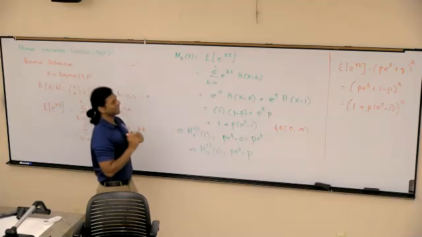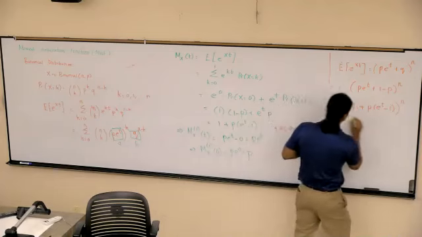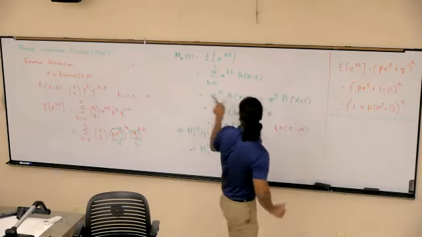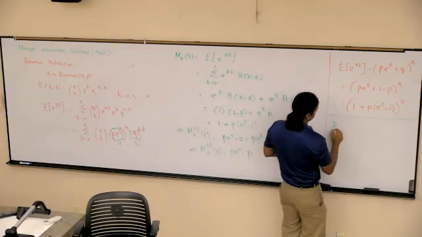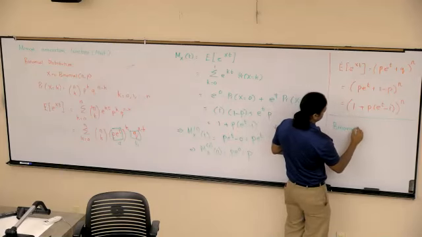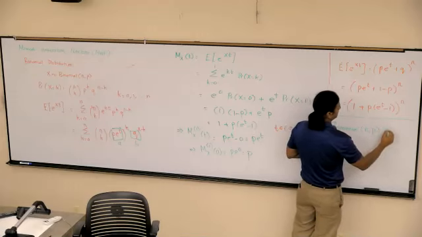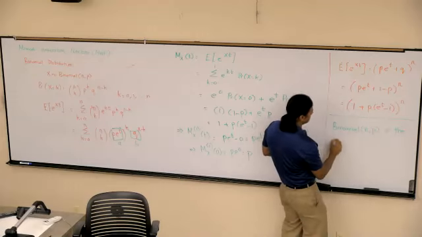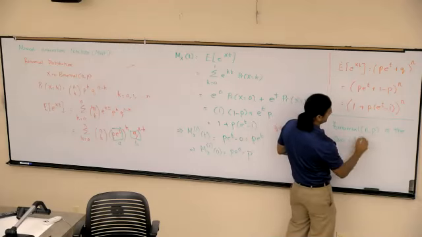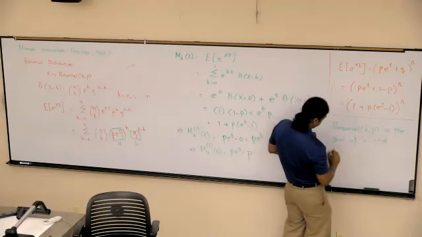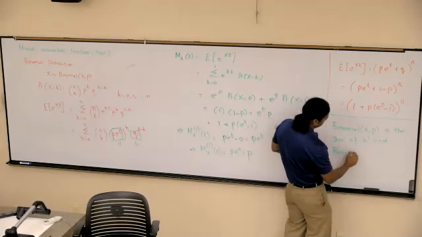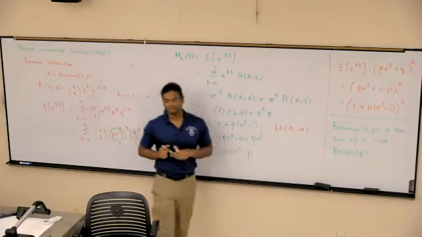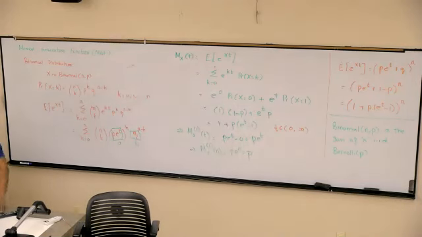If you recall, a binomial random variable is simply the sum of n IID Bernoulli(p). You just add n independent and identically distributed Bernoulli random variables, and you end up getting a binomial.